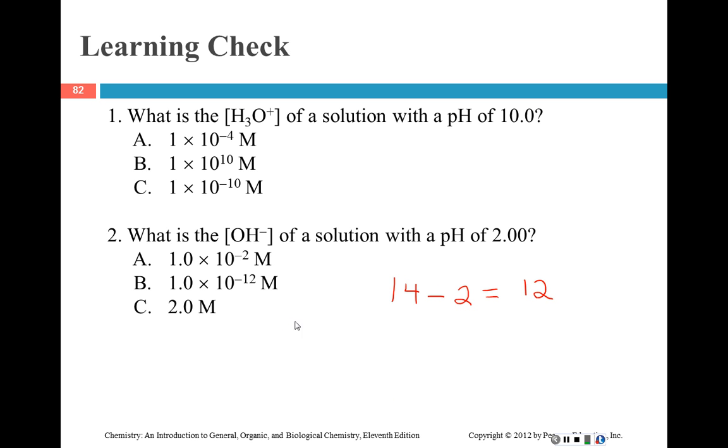How do I know that? Because they got to equal 14. This is the pH. So the pOH give me that. If I know that, I do the same calculation with the 12 as I did with the 10, and then I'll be able to calculate what the hydroxide ion concentration is.